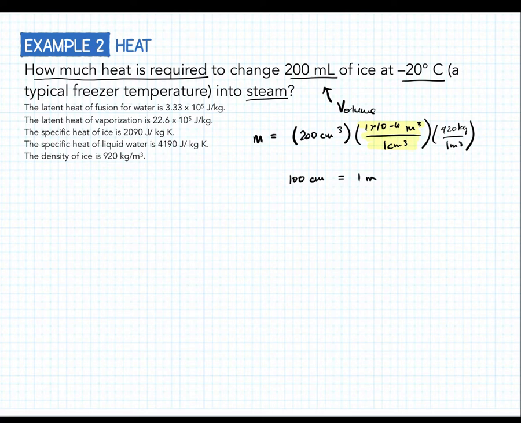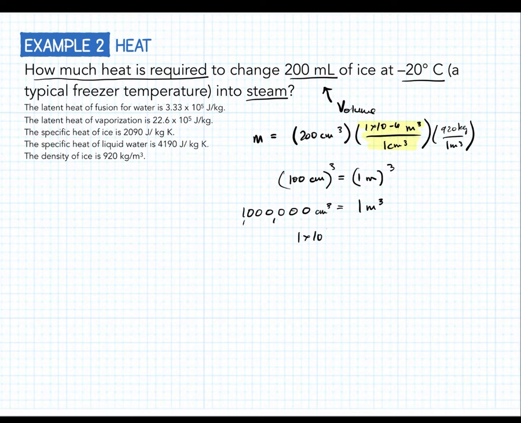If you want cubic centimeters and cubic meters, you cube stuff. That's 1 meter cubed, but this becomes 100 cubed centimeters cubed. So 1 times 10 to the 6th centimeters cubed is equal to 1 meter cubed.